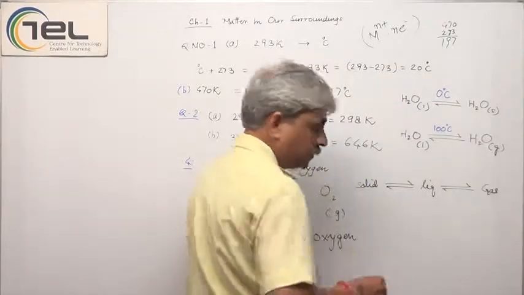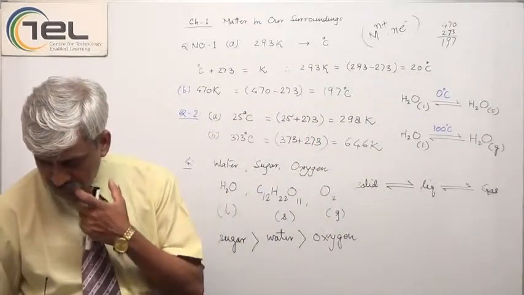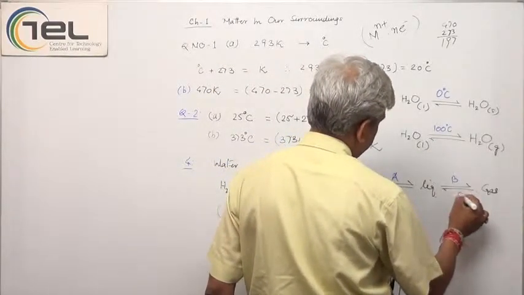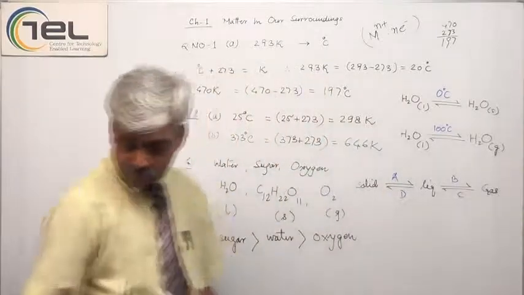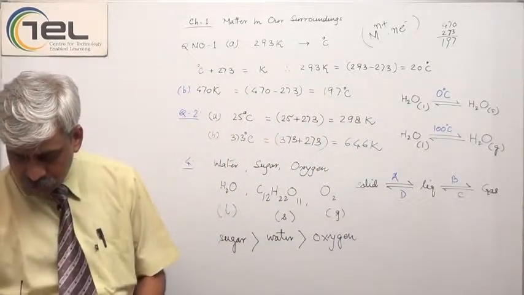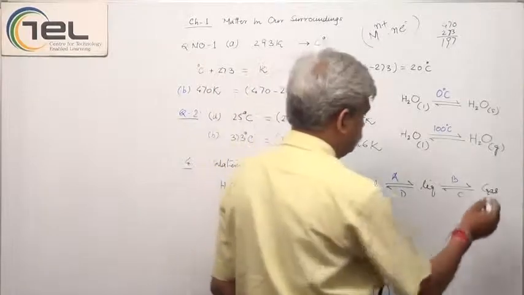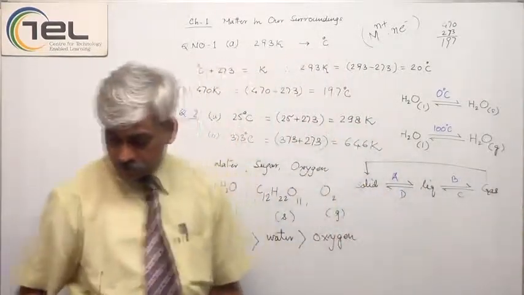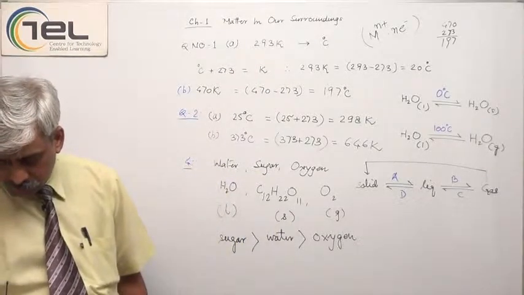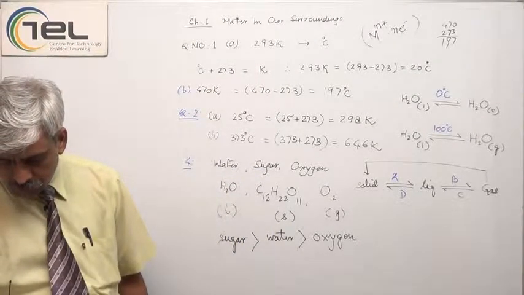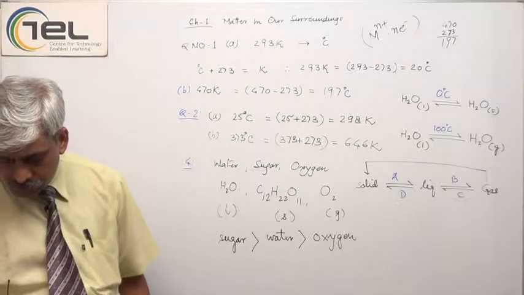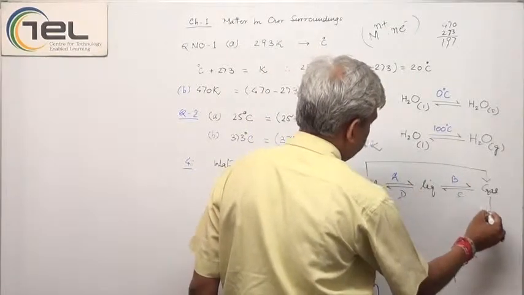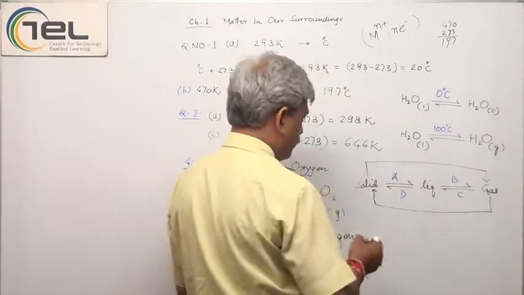This is A, this is B, this is C, this is D, and gas to solid is also one change, and then there is solid to gas and gas to solid.